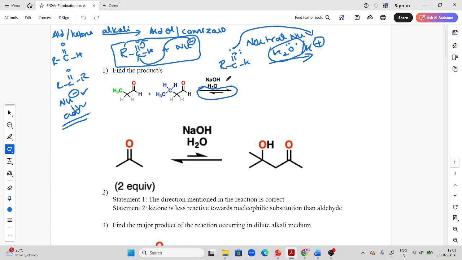Remember, all these you can do only in the least chances. Whenever you're having aldehydes and ketones, always give priority to aldol and Cannizzaro reactions here. Is that clear till this?